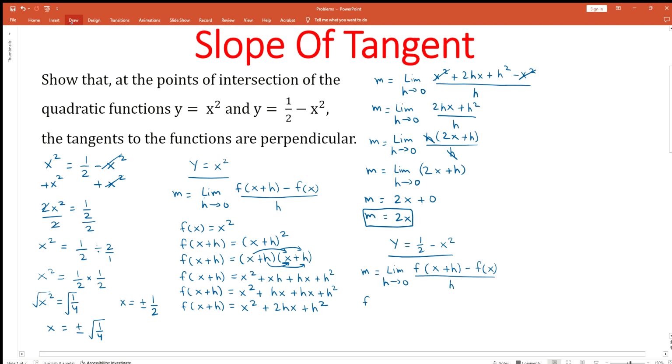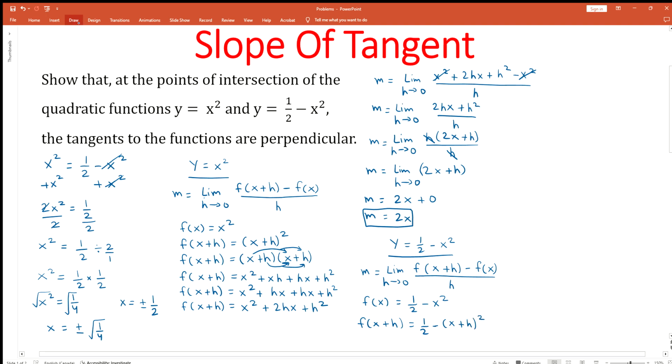F at x is the given function equation 1 over 2 minus x squared, and f at x plus h is equal to 1 over 2 minus x plus h squared.